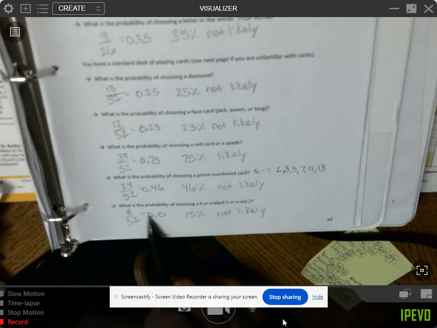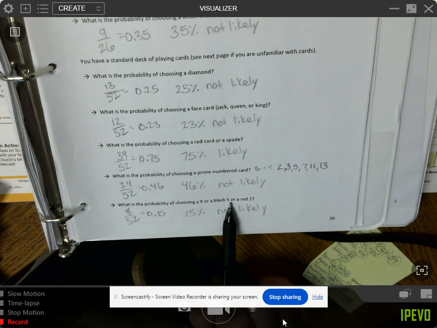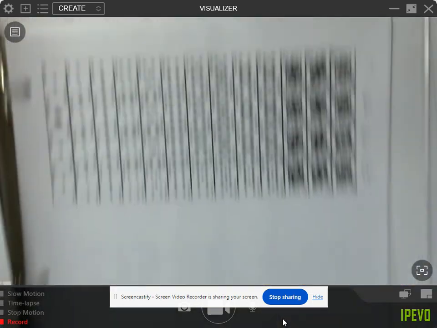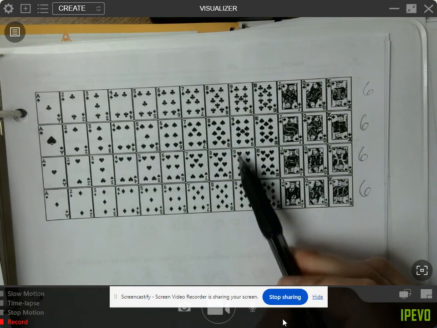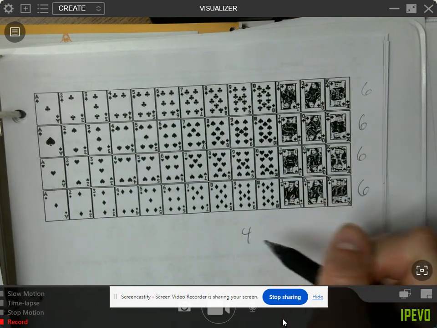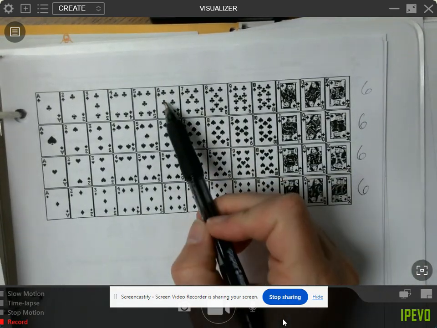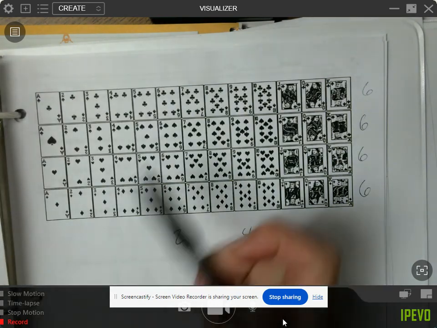What is the probability of choosing a 9 or a black 5 or a red 2? So if we look, there are 1, 2, 3, 4 nines. There are 2 black 5s, or a red 2.